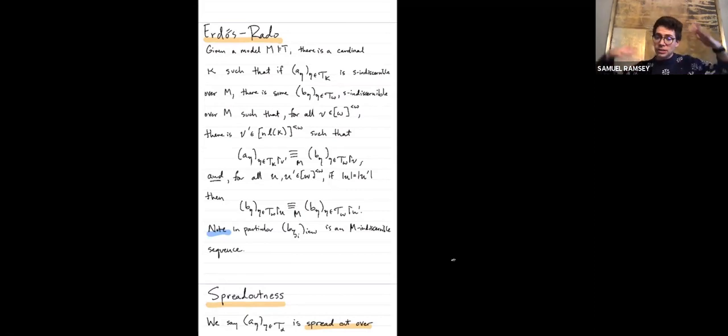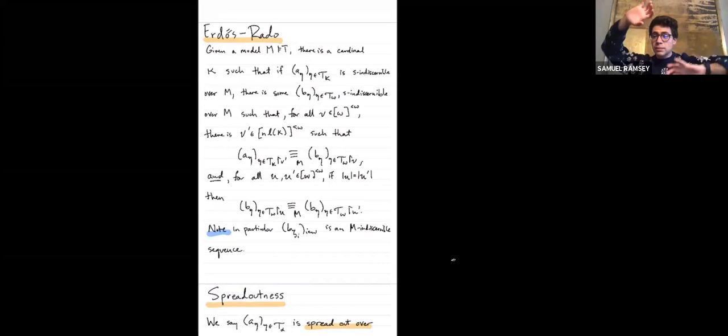So S indiscernibility distinguishes between the tuples indexed at different levels, right? However, what this says is I can find some other tree, B eta in T omega. So now I've gone from something indexed by something very big to something very short, indexed by T omega, which is S indiscernible over M, and has this additional property that somehow it doesn't matter which levels I look at, I always get the same thing.